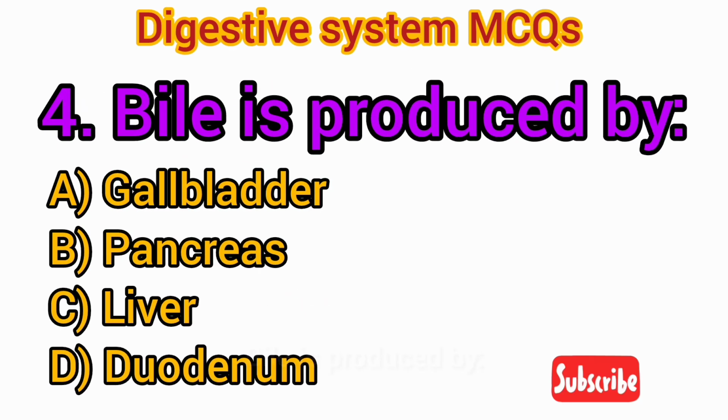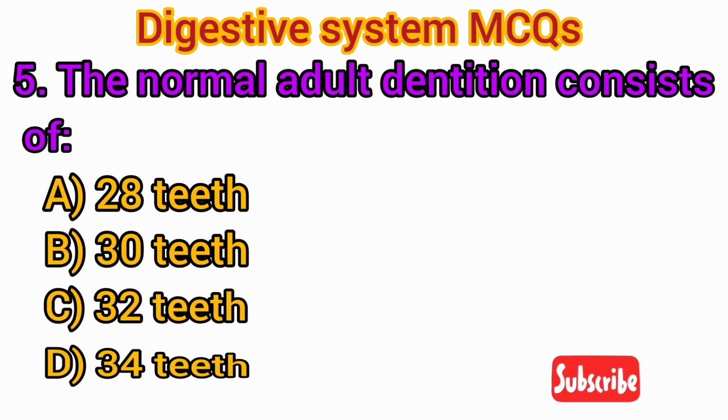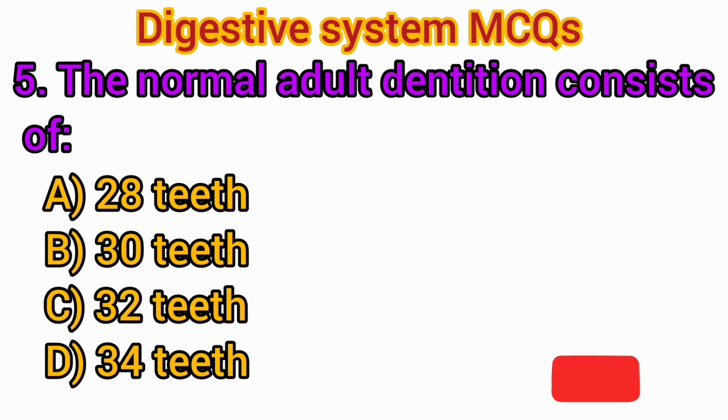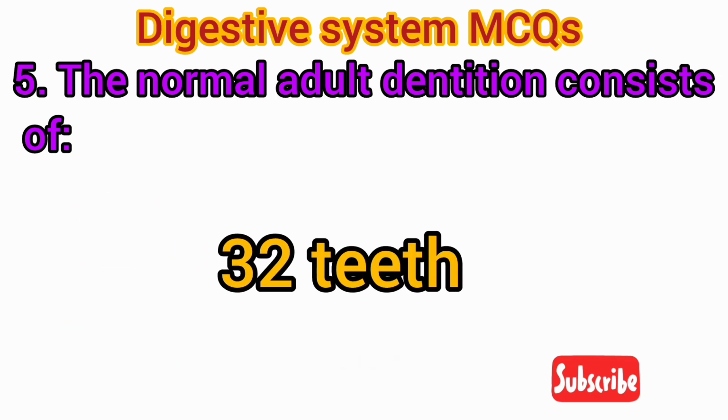Bile is produced by... liver. The normal adult dentition consists of... 32 teeth.